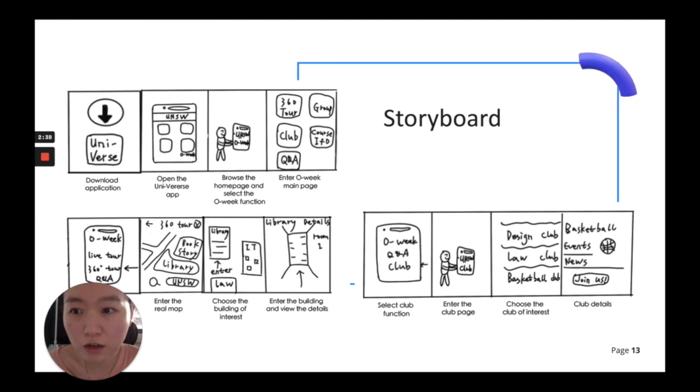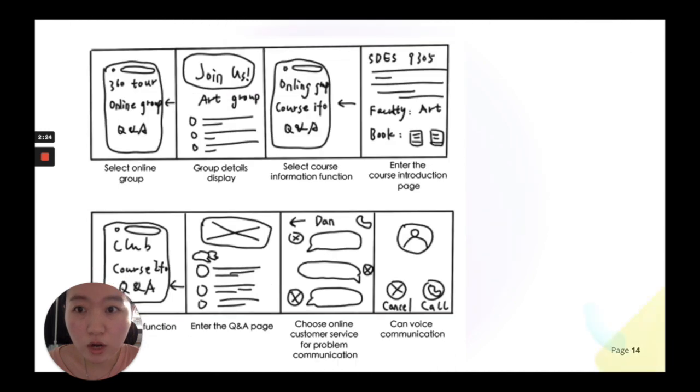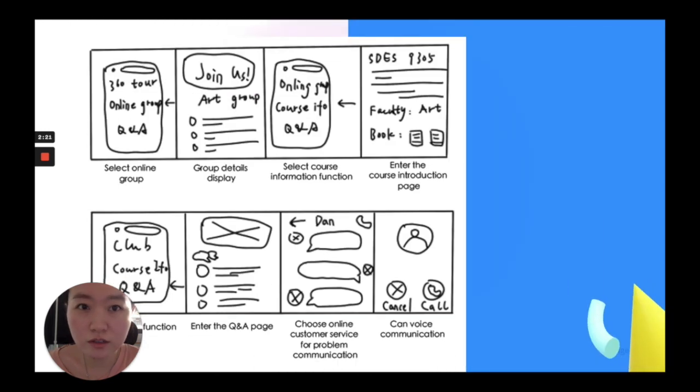The first part, you need to download the application and open the Universe application to choose different functions about what you're interested. And you can enjoy the club and the map tool, and there have the real person to answer your question.